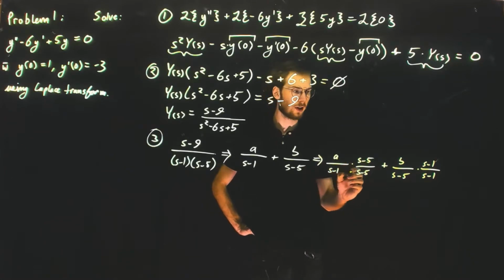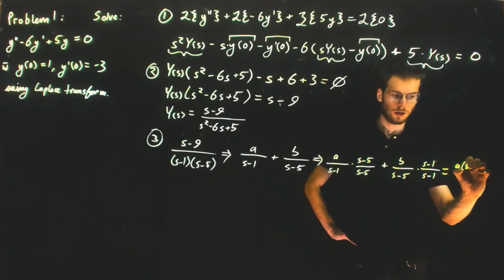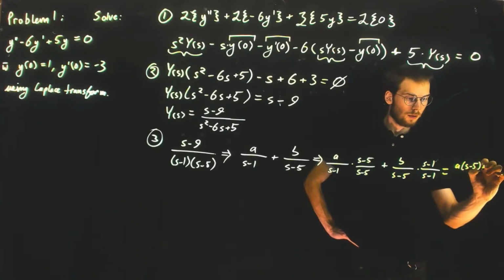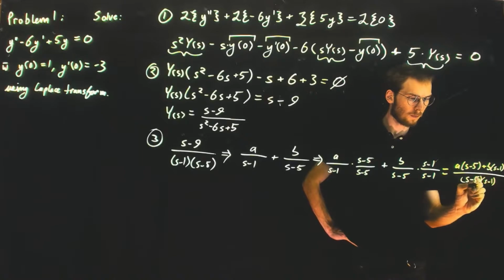And what this is going to simplify to is A times s minus 5 plus B times s minus 1, all over s minus 5 times s minus 1.